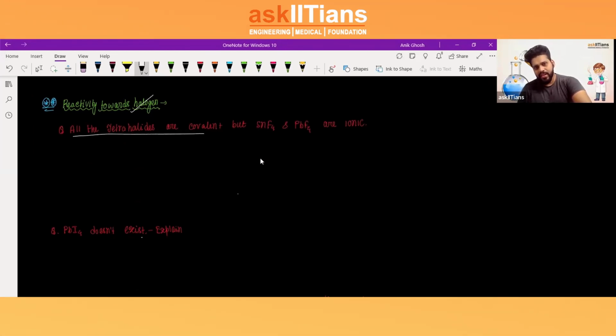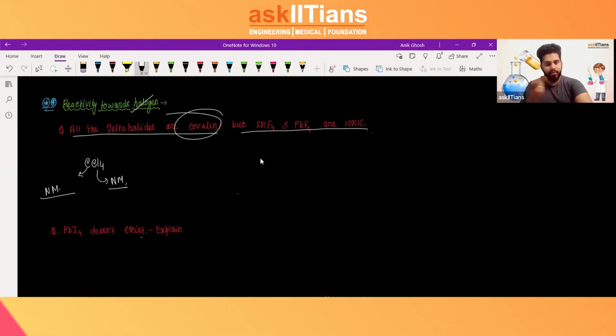All the tetrahalides are covalent, but SnF4 and PbF4 are ionic. Let's talk about this. Guys, all the tetrahalides means CCl4. Now, it is covalent. There is nothing new in it, isn't it? Carbon is a non-metal. Covalent, right? Non-metal is covalent. But the more you go down the group, you see the metallic character is increasing.